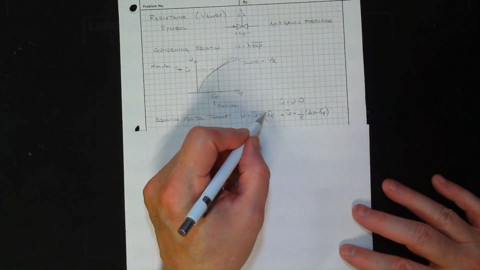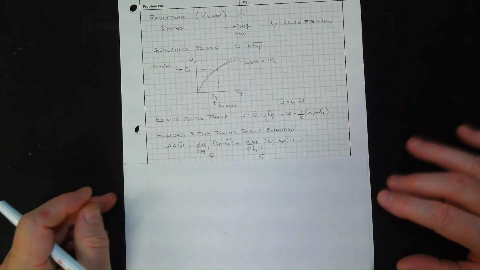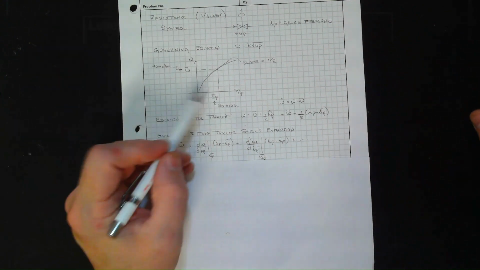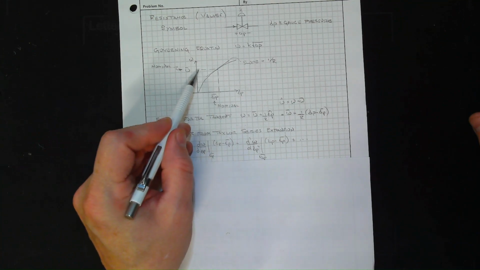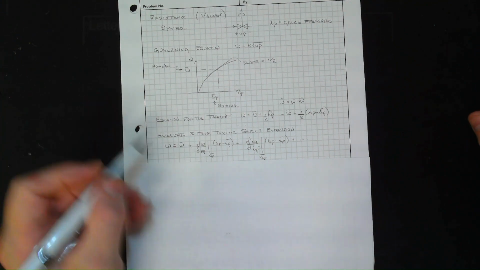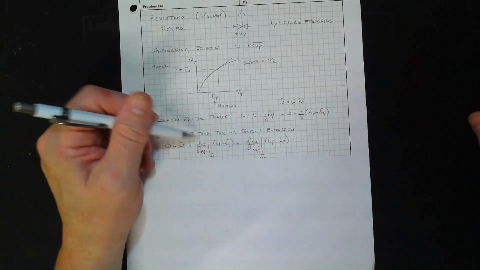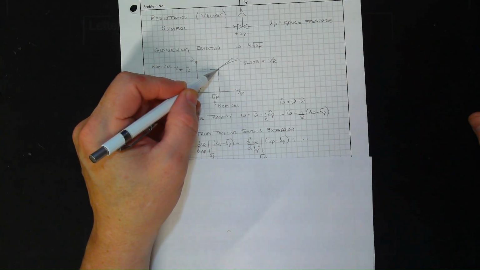So we need to figure out how we're going to model that, and we're going to do it using a Taylor series expansion. This is the most common way people will linearize things. When you have something nonlinear, you set up an equation around these nominal points. So we're going to have omega equal omega bar plus d omega d delta P. That's the actual slope, so we're going to find the slope of that.